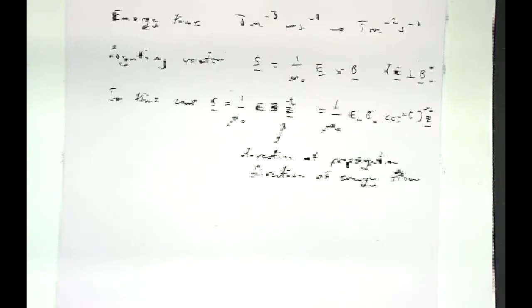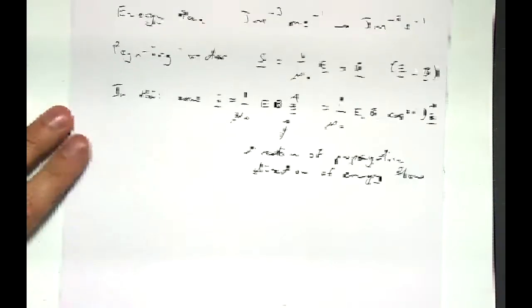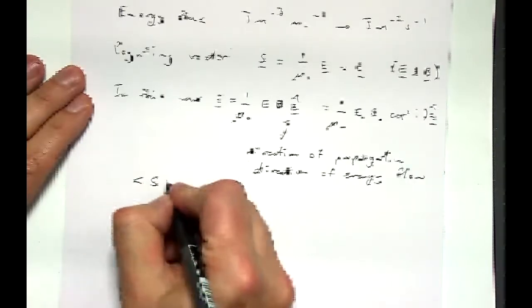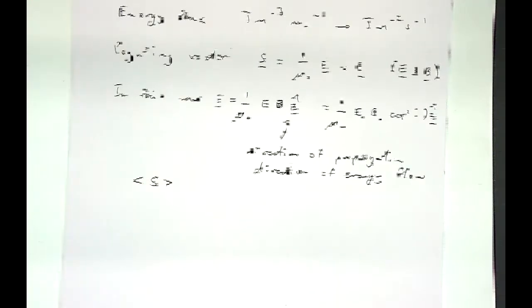Now we just do the same thing we did before with the energy densities. We can average over time. At any given location, at a given instant of time, the Poynting vector is rising and falling along with the magnitude of the electric and magnetic fields. And remember, the electric and magnetic fields are coupled together. They go up and down in phase with each other.